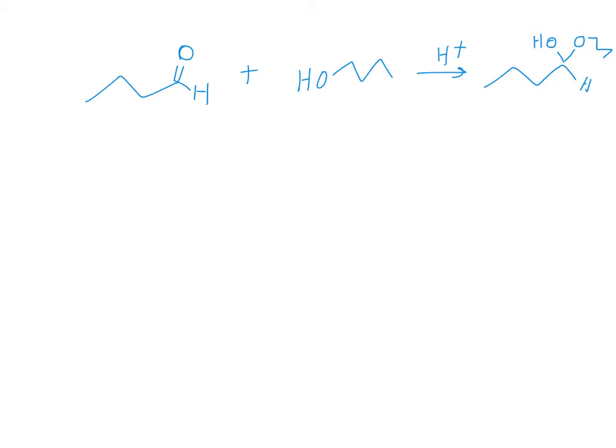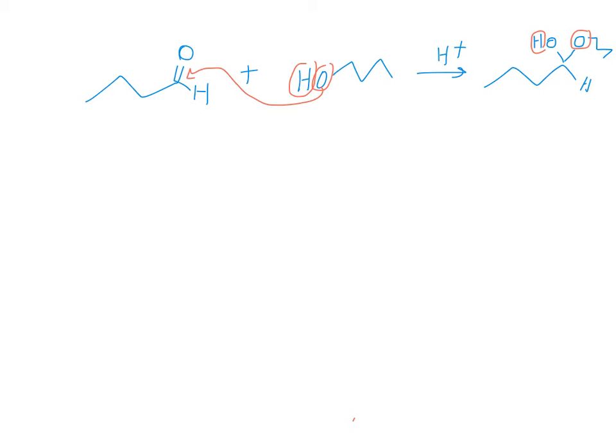We could imagine the way that this happens is this H and this O are going to be this H and this O. So this oxygen reacts with this carbonyl carbon, and then the double bond reacts with the proton. It becomes protonated.